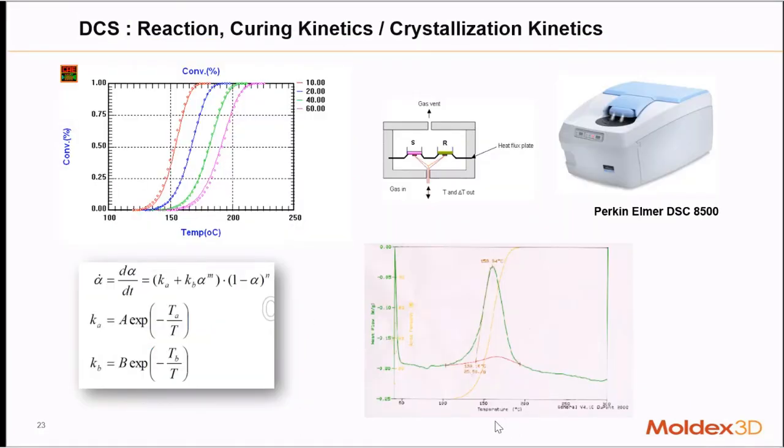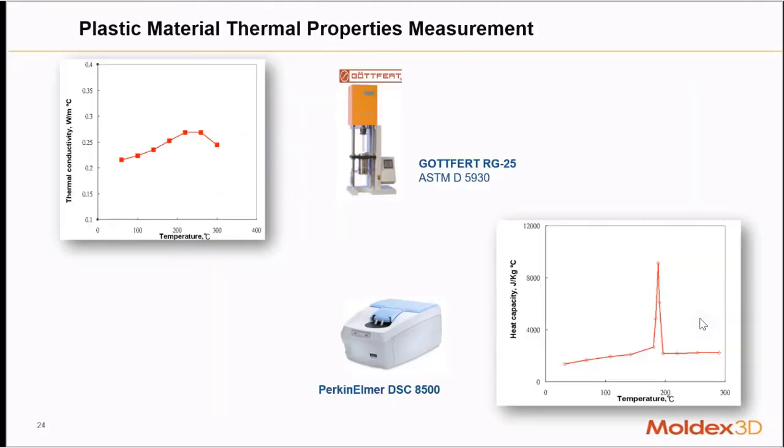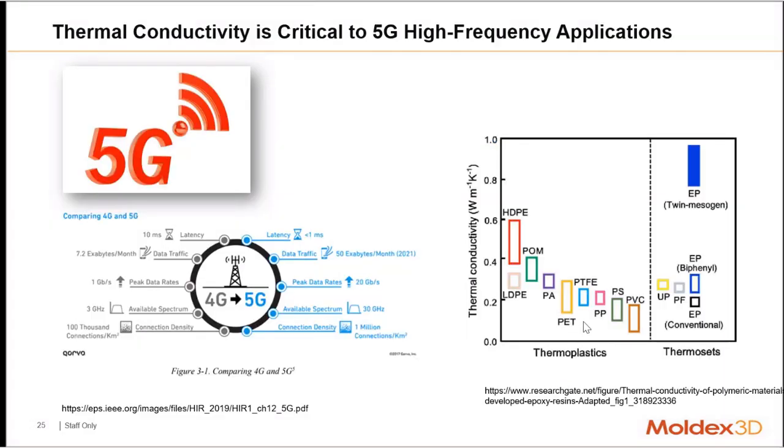DSC is used for reaction curing kinetics and crystallization kinetics measurement. For thermal property measurement, we are talking about thermal conductivity and heat capacity. And right now in 5G applications, we are usually talking about high frequency applications.